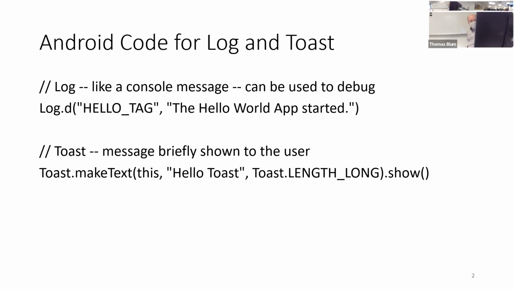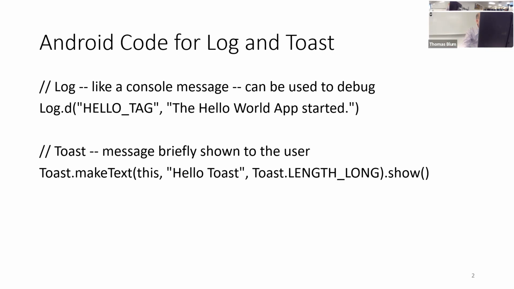So the code for a log is log.d, and then there are two arguments. One is just a tag for your log that helps you find it, and then there's some message of the log. If you were debugging, you might use the message to say, here's the value of that variable at this stage or something like that.